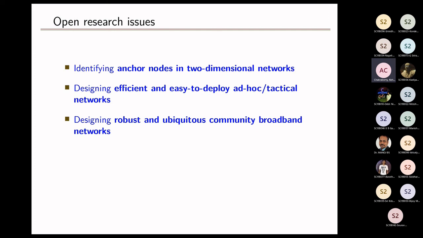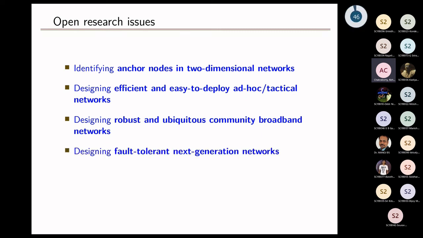Community broadband network, maybe it can be a highway, it can be a small rural setting where we can create either a string or some 2D topology, and we can identify some anchor points which can be used as a gateway node that should talk to the internet cloud, and that identification of anchor node can be very efficient in such a setting.